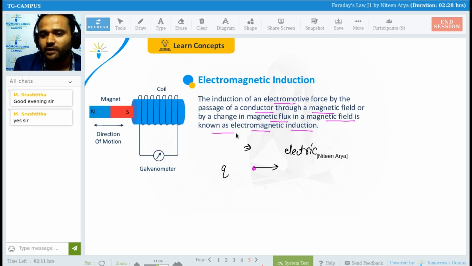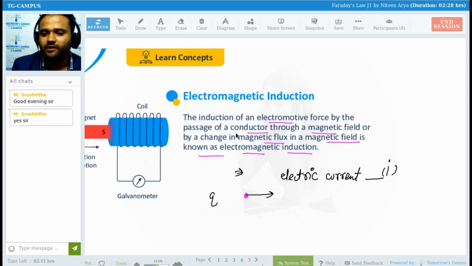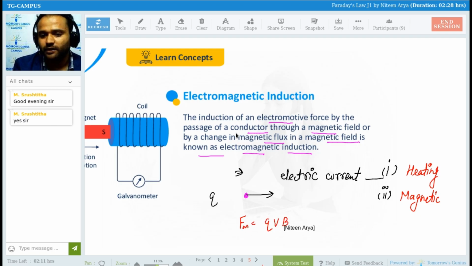It is continuously moving, so we have an electric current, and its two important effects are the heating effect and the magnetic effect. Is this clear, everyone? These are the two important effects whenever electrons start moving, and we also have the magnetic force, which is QVB.